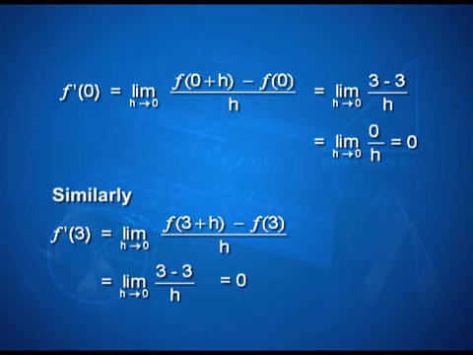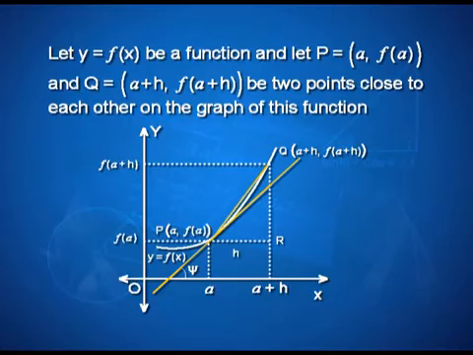Let us now see a geometrical interpretation of derivative of a function at a point. Look at the monitor. We have a graph here. This is your x axis, this is y axis, and this is the graph of the function y is equal to f of x. Notice the point P as a comma f of a and point Q as a plus h comma f of a plus h.